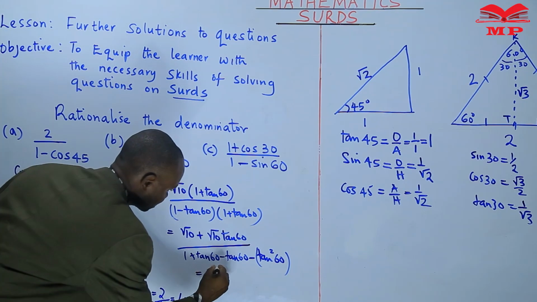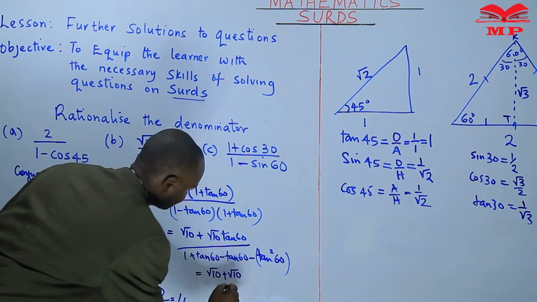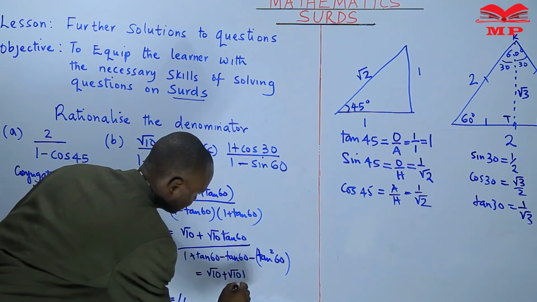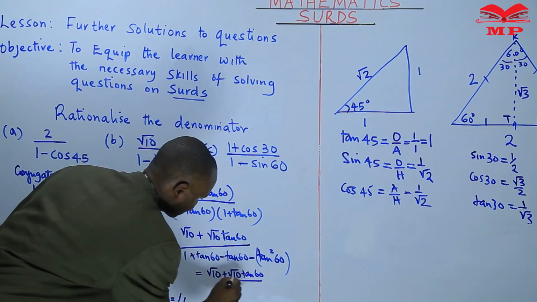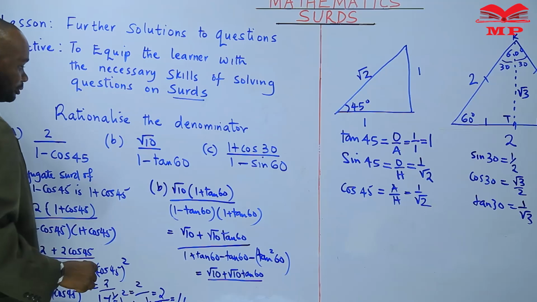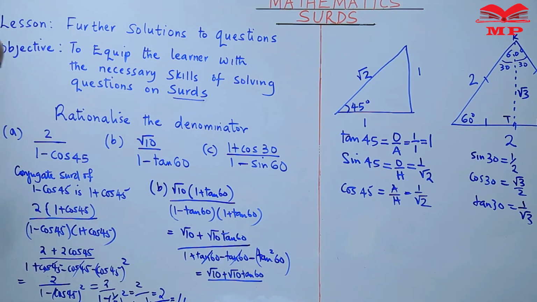This will be square root of 10 plus square root of 10 tan 60 over, what happens to this, Lana? This cancels with that. That cancels with that.